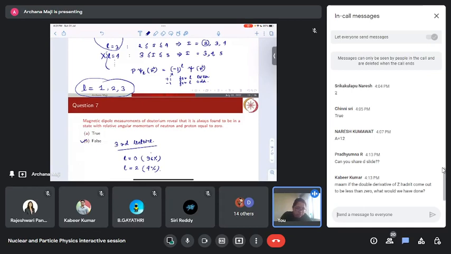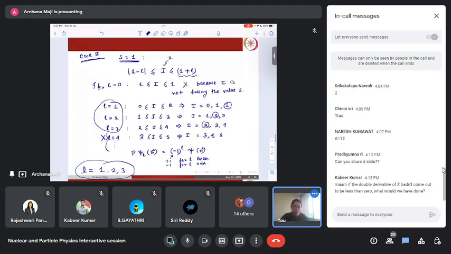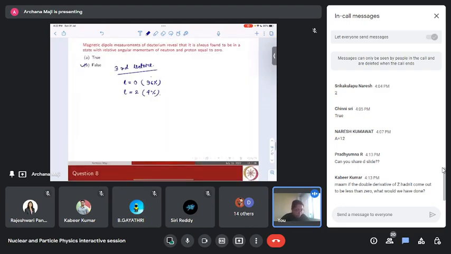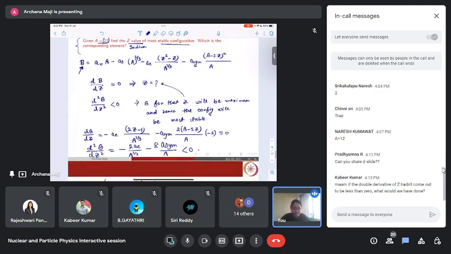Ma'am, if the double derivative of Z hadn't come out to be less than 0, what would we have done? As you can see, it is independent of Z, so it only depends on the formula of binding energy, and the binding energy formula will remain the same.